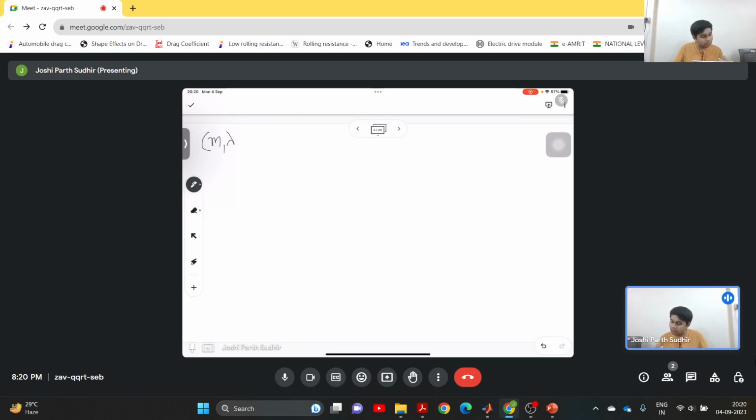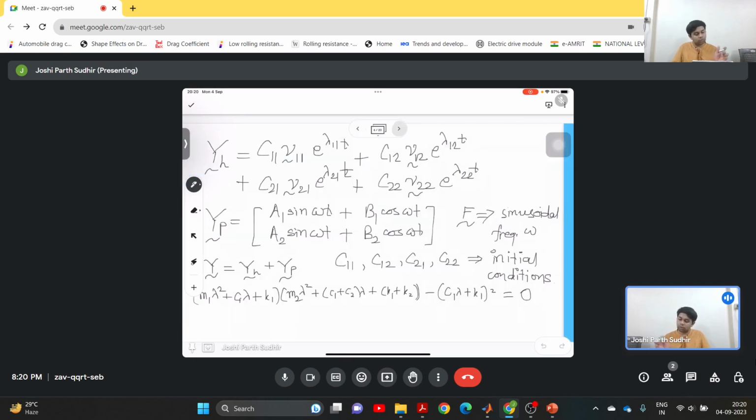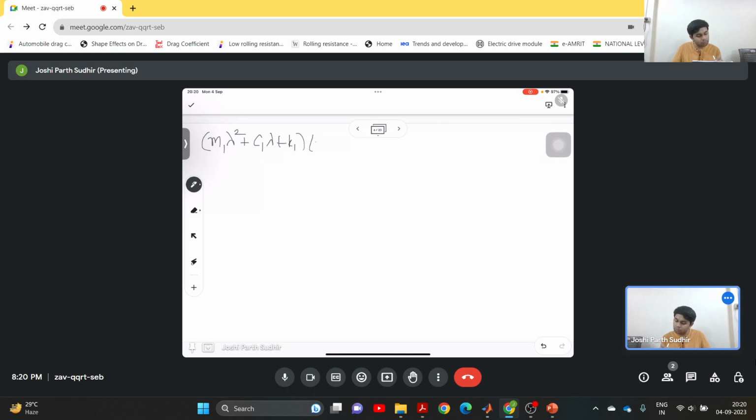So m1 lambda square plus c1 lambda plus k1 into m2 lambda square plus c1 plus c2 lambda plus k1 plus k2 minus.